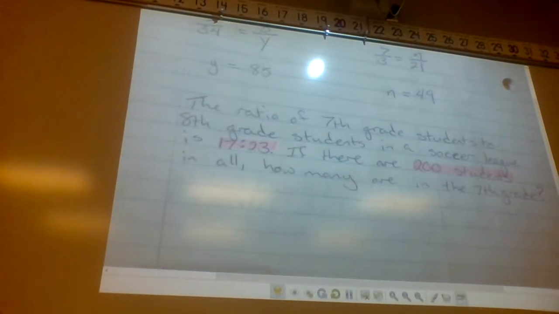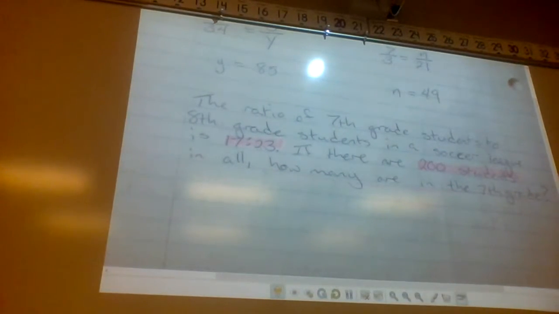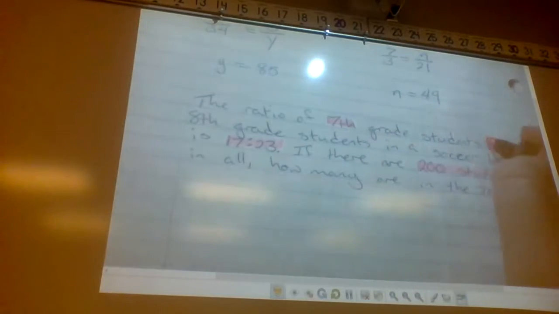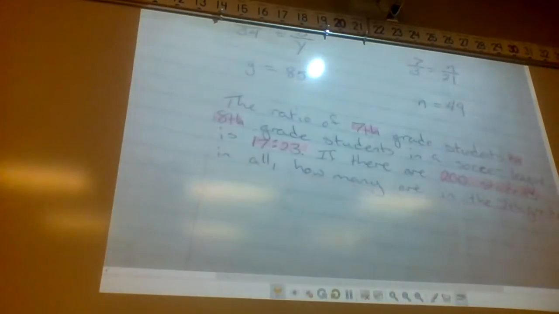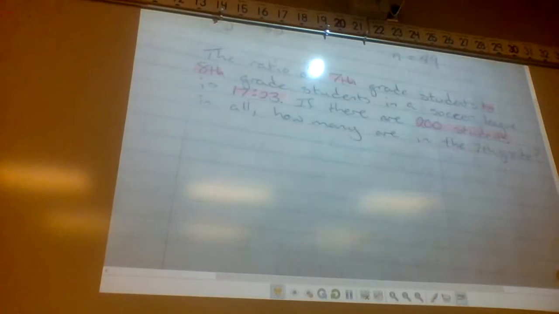That's what it's asking, how many are in the 7th grade. We also need to know that they are setting it up 7 to 8. Okay? So this is a word problem. It's slightly different. Once I show you the only difference, once we get it set up, you'll know how to solve it.